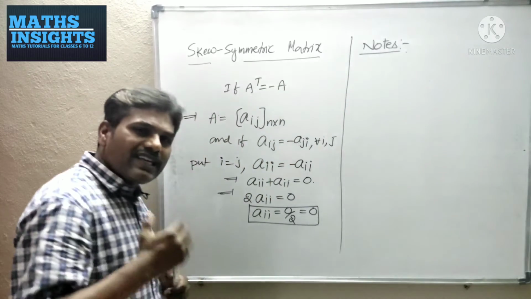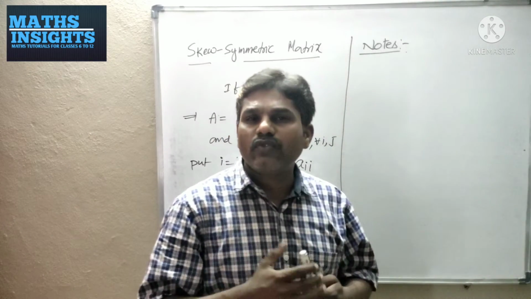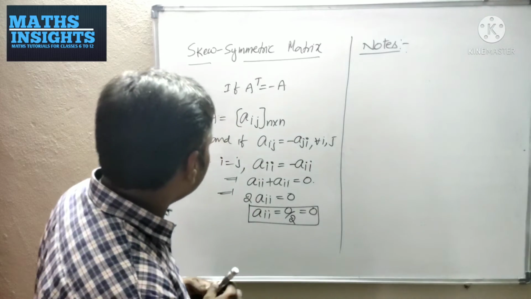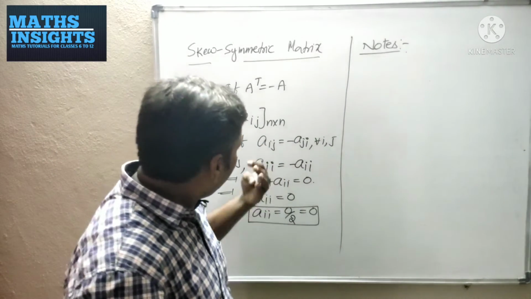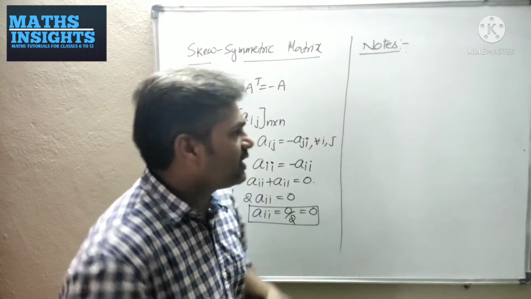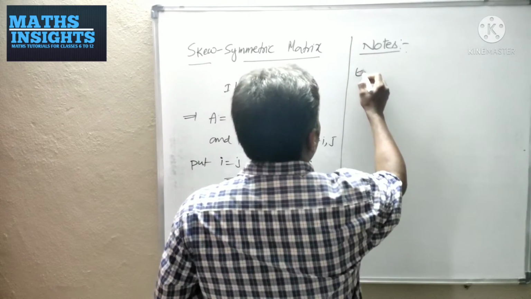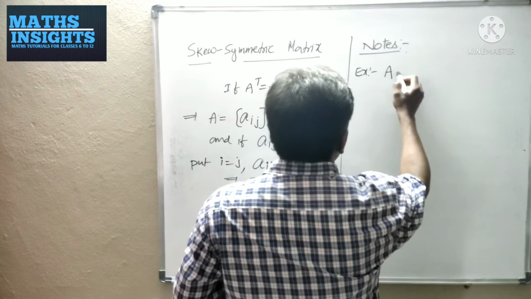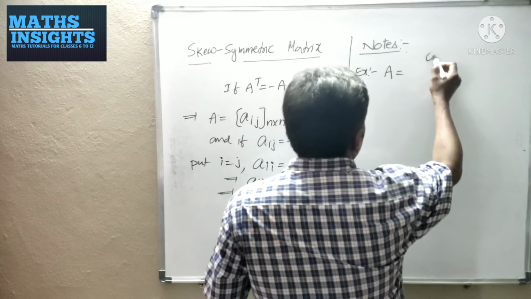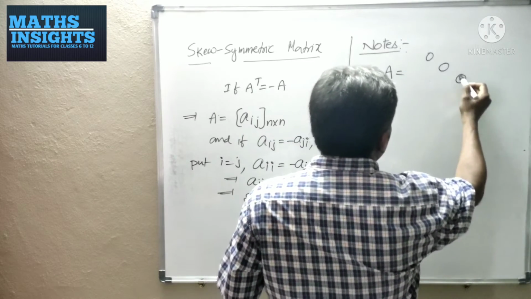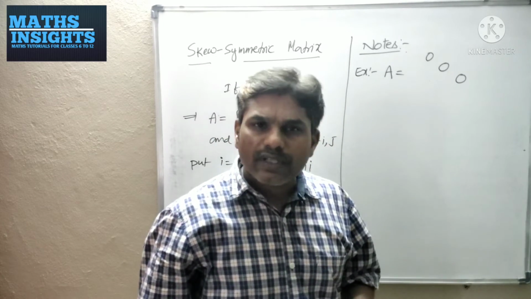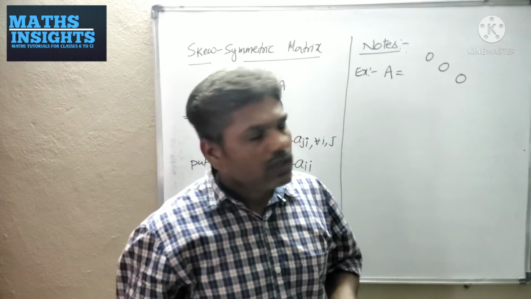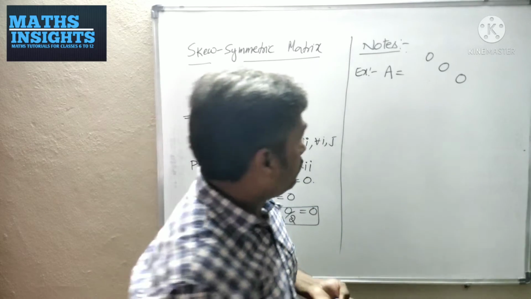Then you can easily take an example for a skew symmetric matrix. What about the elements above and below the principal diagonal? You can take them easily. Suppose, for example, A is equal to, so clearly the elements in the principal diagonal are 0. I am taking 3 by 3 every time, but you may take 4 by 4, 2 by 2, or 1 by 1 also.